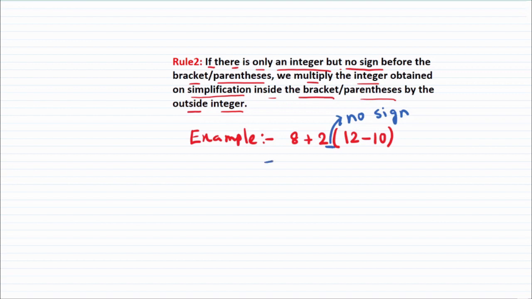So first we will apply the order of operation rules. Then we have to consider rule 2. So 8 plus, according to order of operation rules, we are operating this part first.